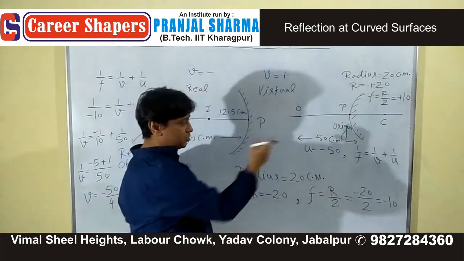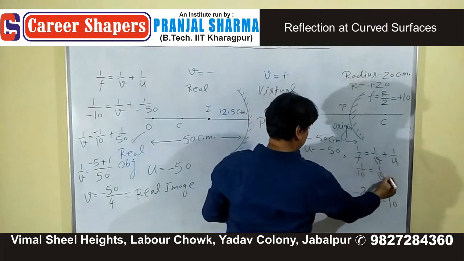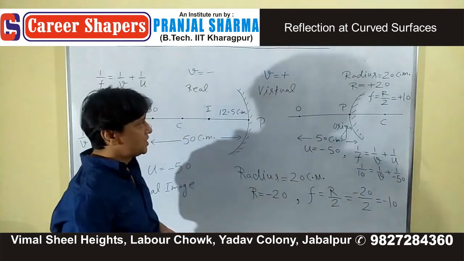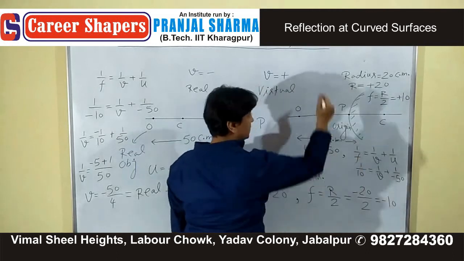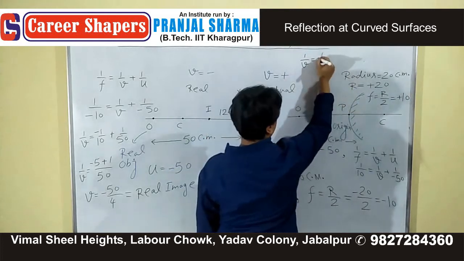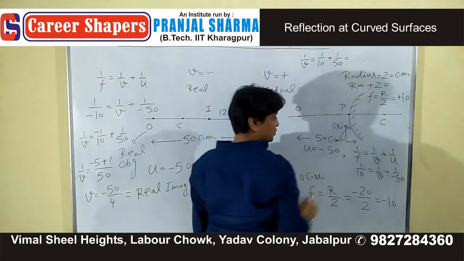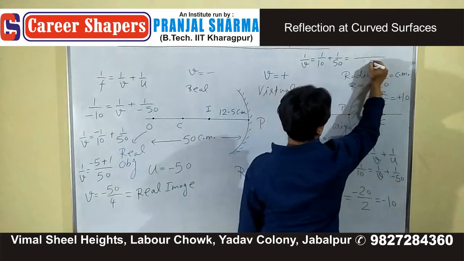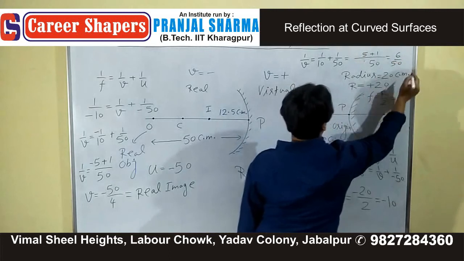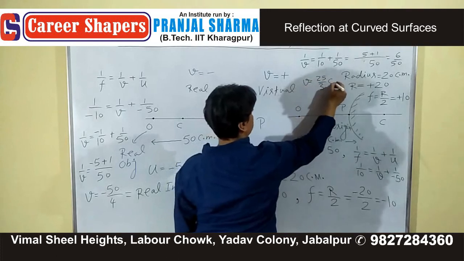That's your focal length. Put these values in this equation. 1 upon F is coming 10. We have to calculate. U is what? Minus of 50. This gives us 1 upon V as 1 upon 10 plus 1 upon 50, which is 5 plus 1. That is coming 6 by 50, or your V is coming 25 by 3 centimeter.